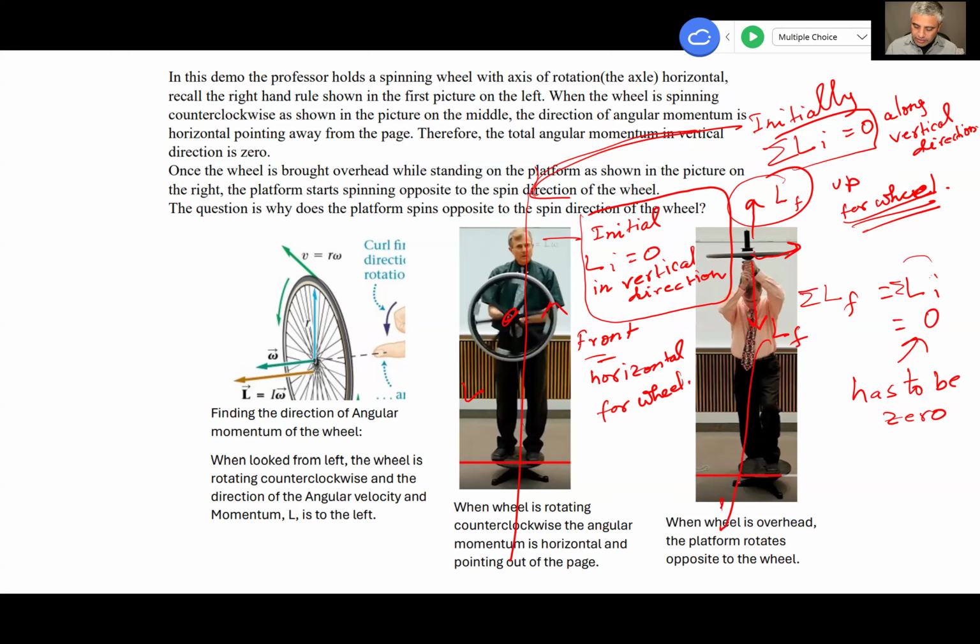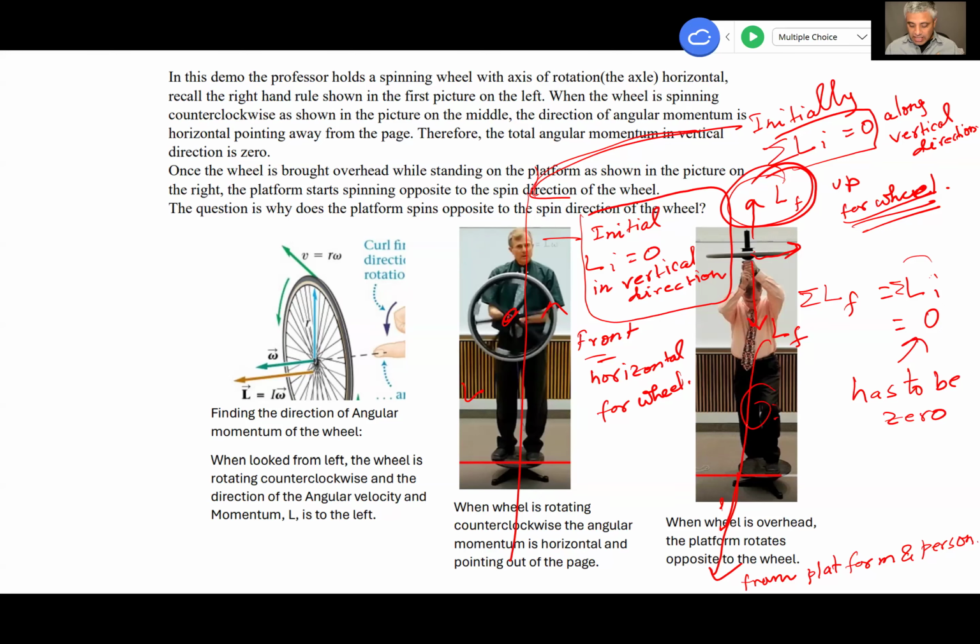And that comes from the platform and the person. If something is not spinning, if there is no angular speed, it does not have angular momentum. So to provide that angular momentum, to counter this angular momentum, the platform starts spinning in the opposite direction.